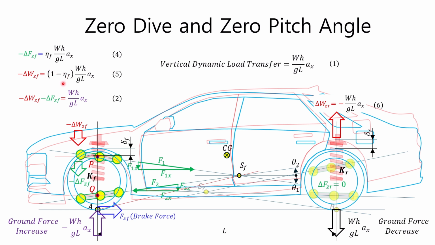The direction of action of the force, delta FZF, can be downward or upward. The direction and magnitude of the force acting on the front spring, delta WZF, vary depending on the direction and magnitude of the force on the front suspension links, delta FZF. Let us examine the principle behind this with a figure.